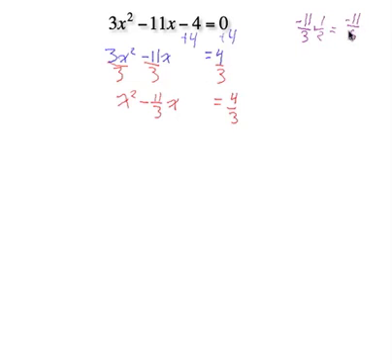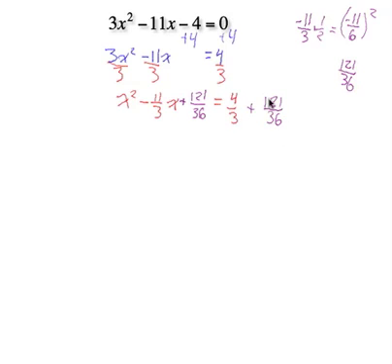And the math is going to get kind of interesting here because we then have to square this to get the term that we're going to add. This is going to be 121 over 36. And that's the term that we're going to add to both sides.